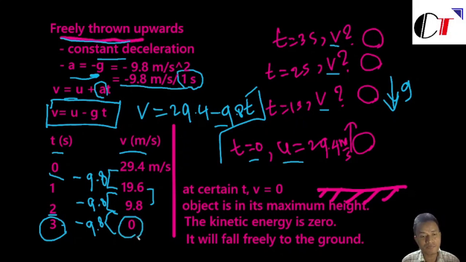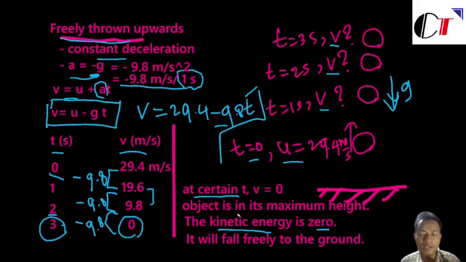And of course, it's very natural because the object is going against the pull of the gravity, so its kinetic energy will be consumed and transferred into potential energy. This means the speed will be reduced as the time progresses, and finally, at a certain time t, the velocity will be 0. So the object no longer has kinetic energy, and kinetic energy will be just 0.